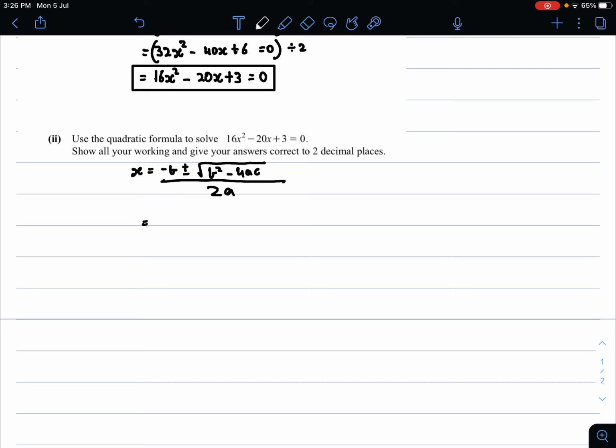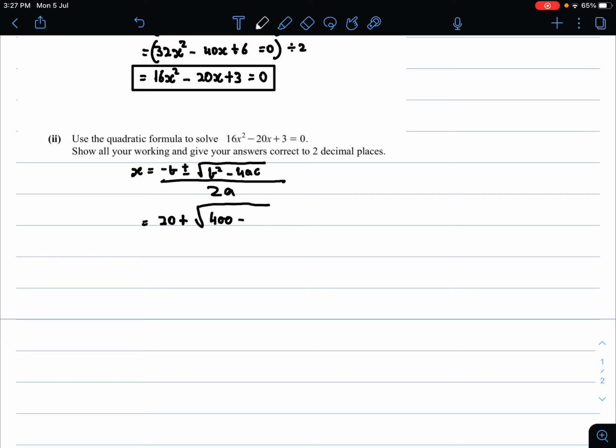So minus b would be minus 1 multiplied by minus 20. So 20 plus, since there are 2 scenarios, plus or minus, we will work that out separately. So 20 plus root b square, which would be 20 square, which is 400, minus 4 times 16 multiplied by 3, because the value of a is 16 and the value of c is 3.